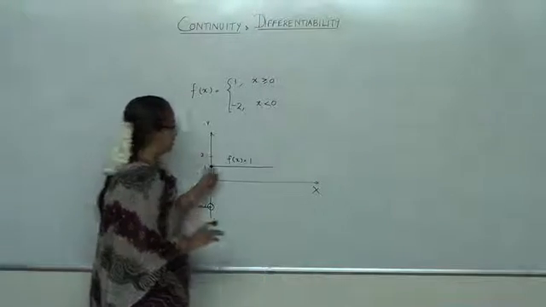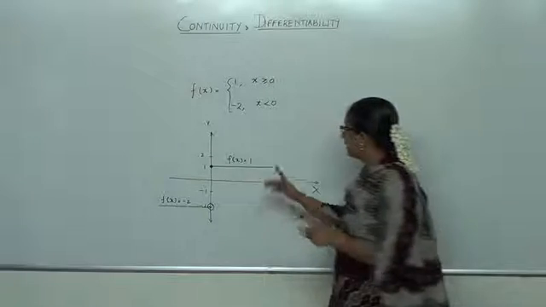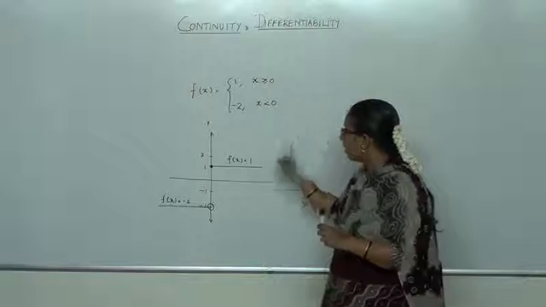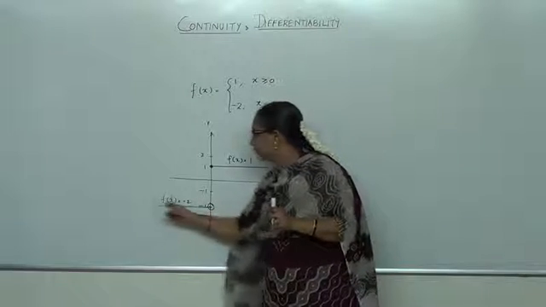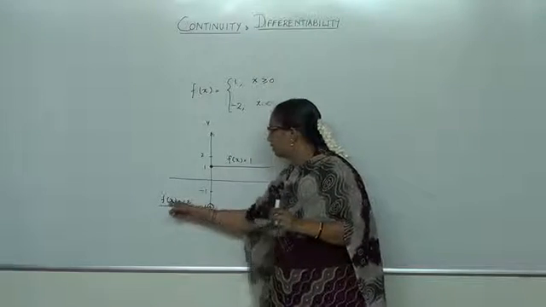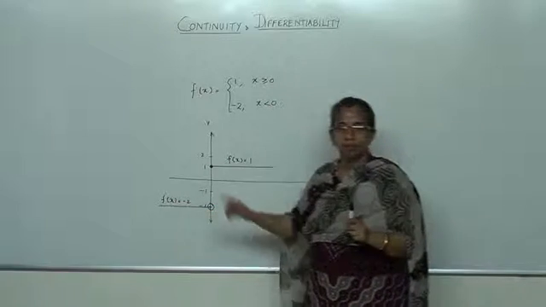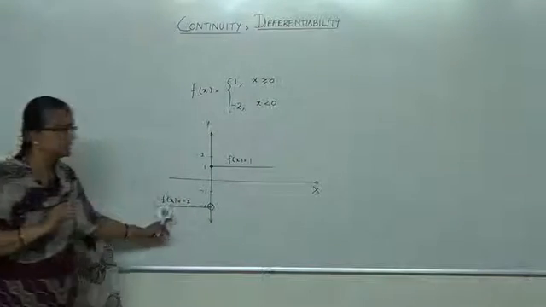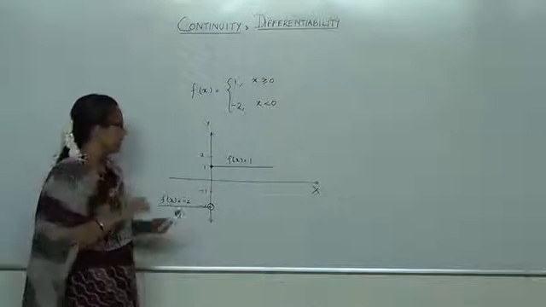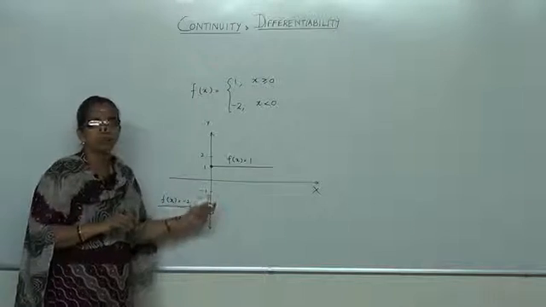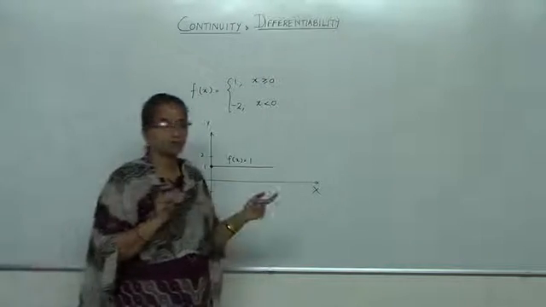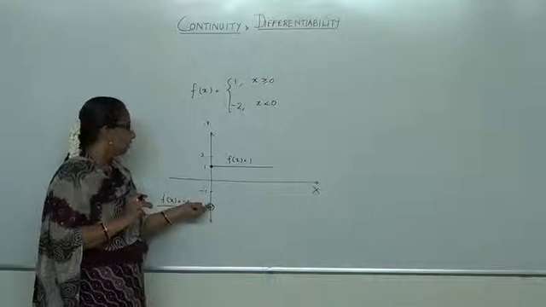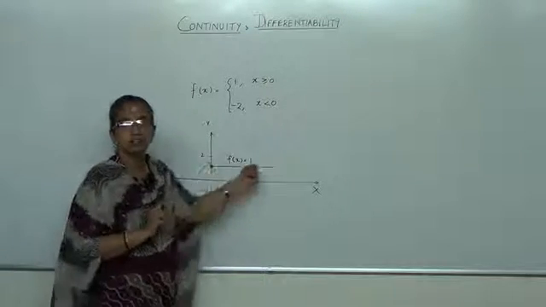This implies the right hand limit about x is equal to 0, which is equal to 1, is not equal to the left hand limit, which is minus 2. Since the limits do not coincide, the limit does not exist at x is equal to 0, and also we say that the function is not continuous.